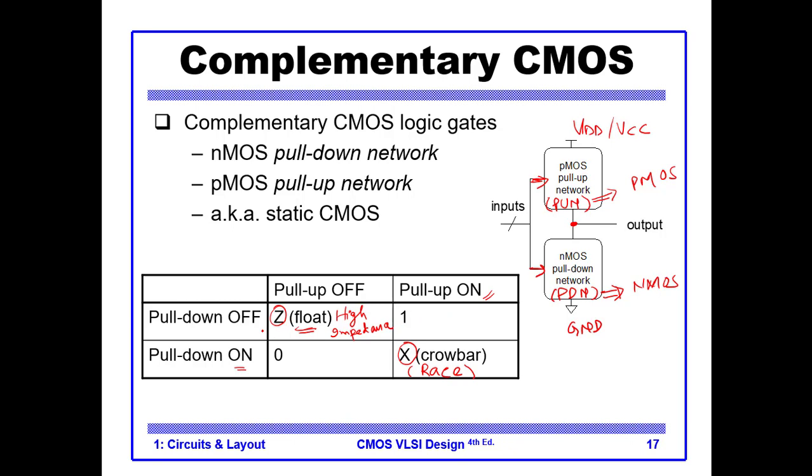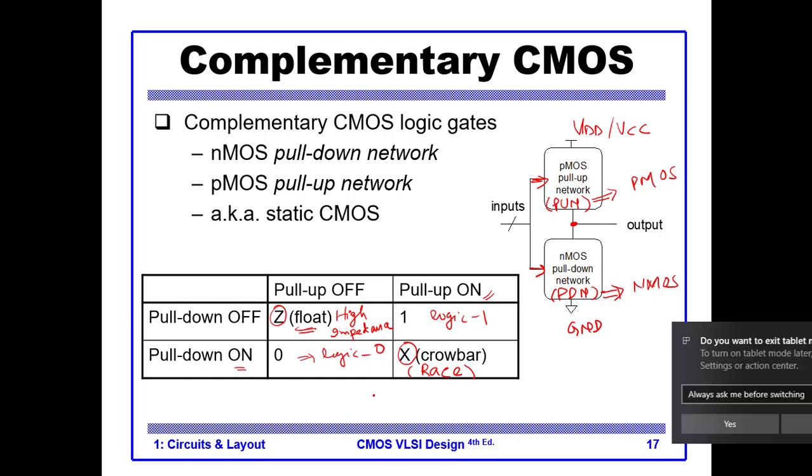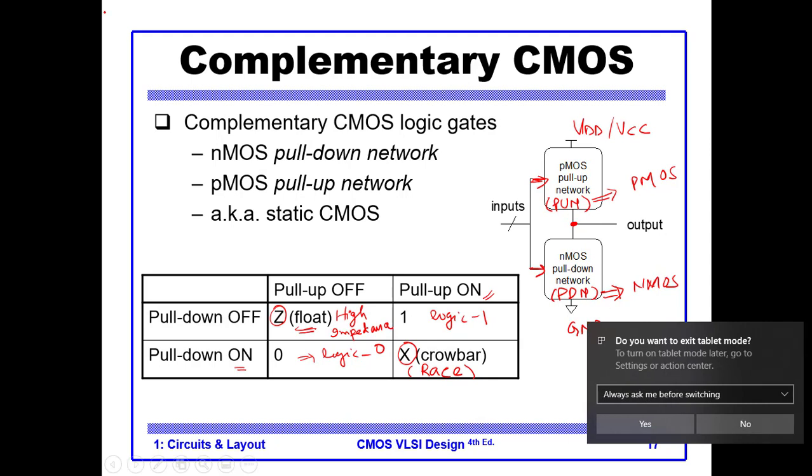So let's say the pull down is off, so we are not pulling down the circuit to ground, and the pull up is on, so that means the output is logic 1. In the other case, when the pull down is on and the pull up is off, this means the output is logic 0. So this is just the summary of the possible outputs that you can expect from a CMOS gate. There are 4 possible outcomes.